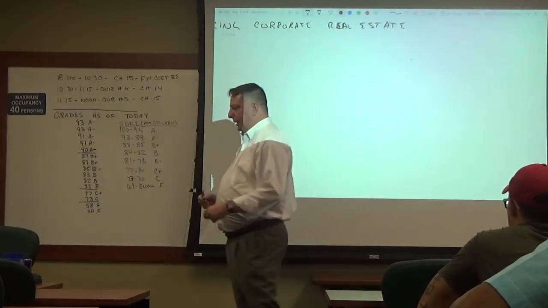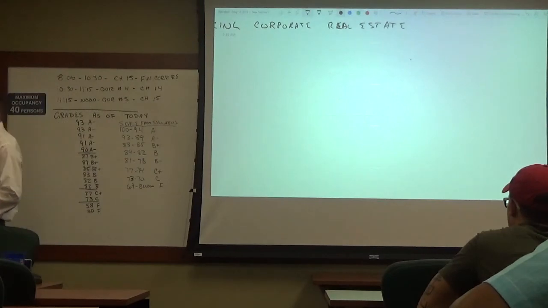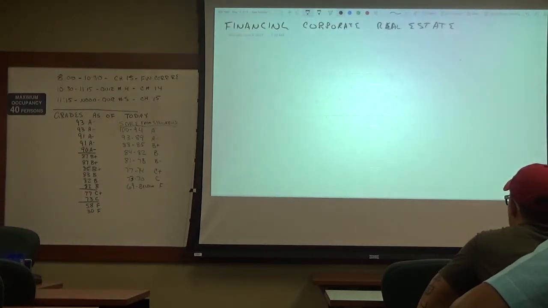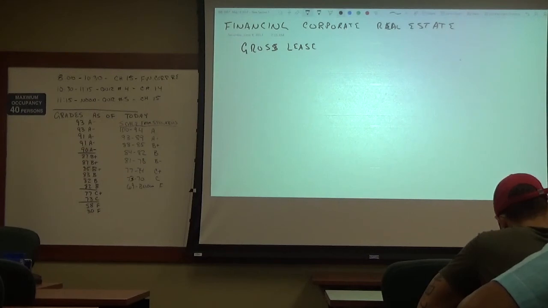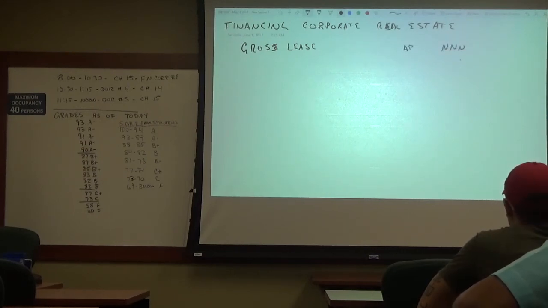And let's talk about that. You actually bring up a good point. Let me just make a quick distinction here. With leases, we've got a couple of different types, and we're going to use the extremes here for a second. We've got a gross lease on one side of the continuum, and we've got an absolute triple net lease on the other side of the continuum.